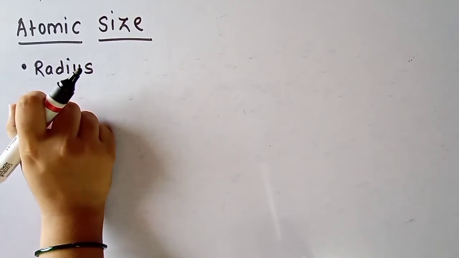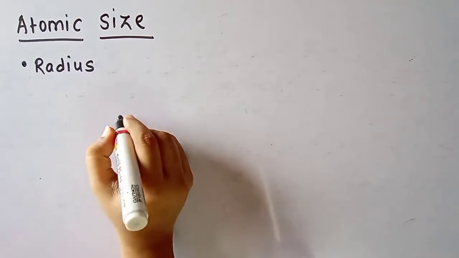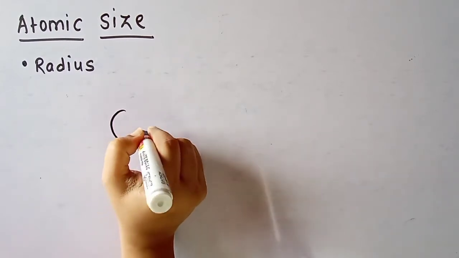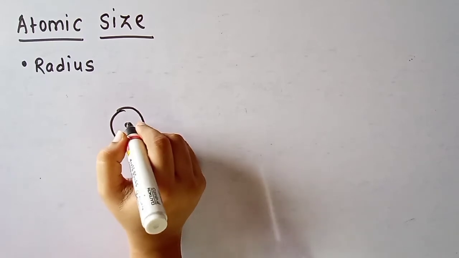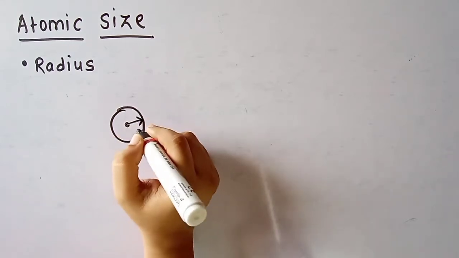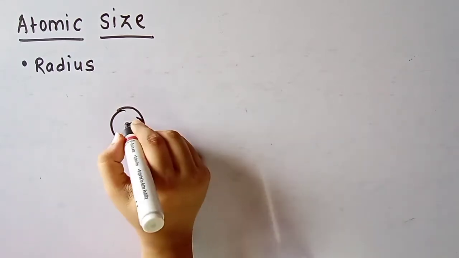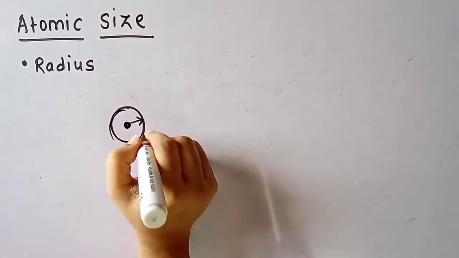Now radius means what? Atomic radius is nothing but the distance between the nucleus of an atom and the outermost shell. Is this clear to you? Suppose this is the nucleus of an atom and this is the last shell.